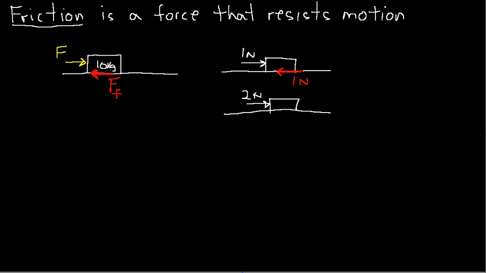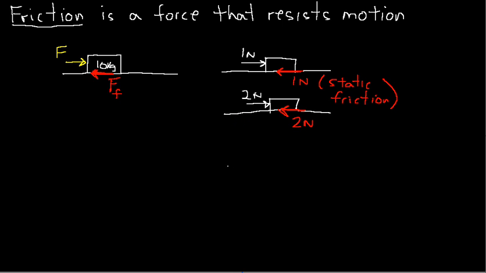Well, friction might decide to respond back against me with a force of 2 newtons. And we call this static friction because the box does not move. The box isn't moving yet, the crate's not in motion. So friction that's opposing the motion is opposing me with an equal and opposite force here.